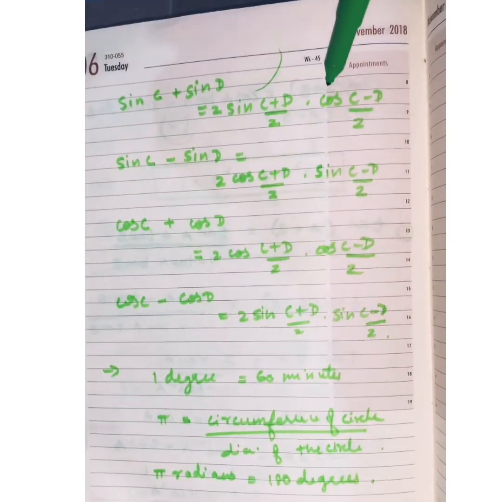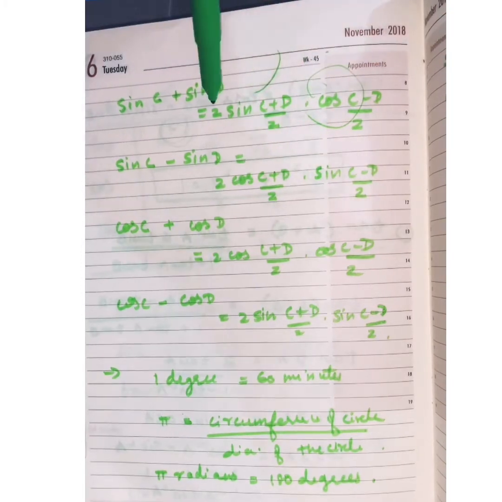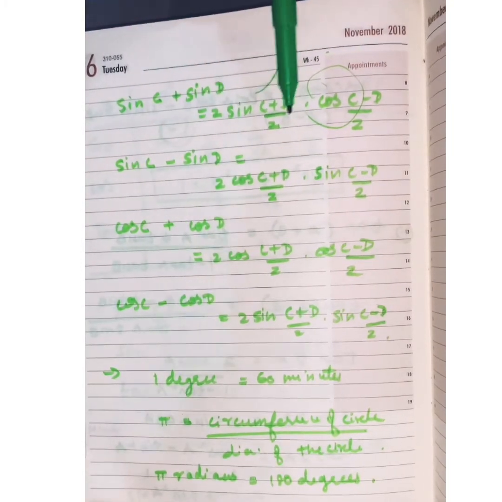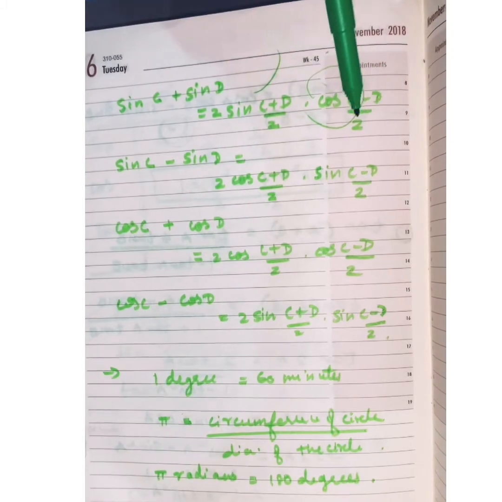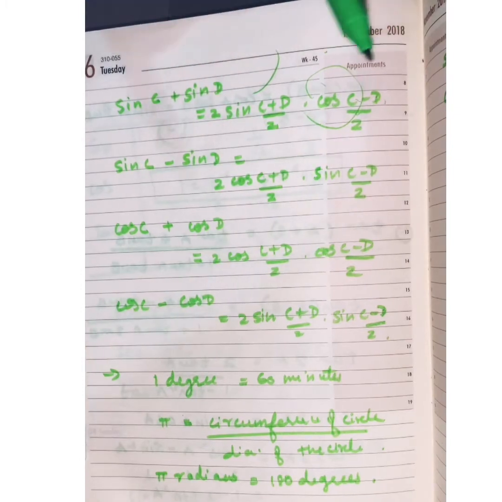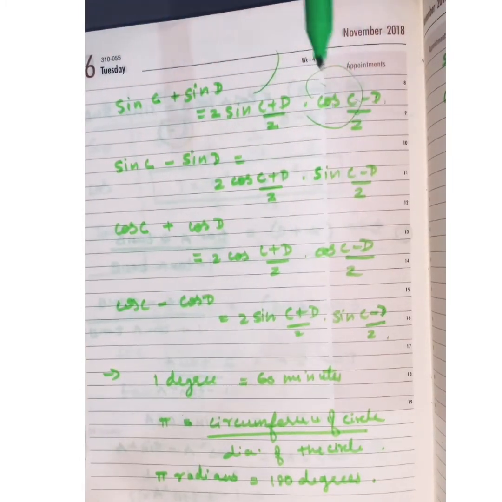Here you are getting cos first and sin next, whereas for the sum, sin comes first and cos comes next. The things are exchanged here.